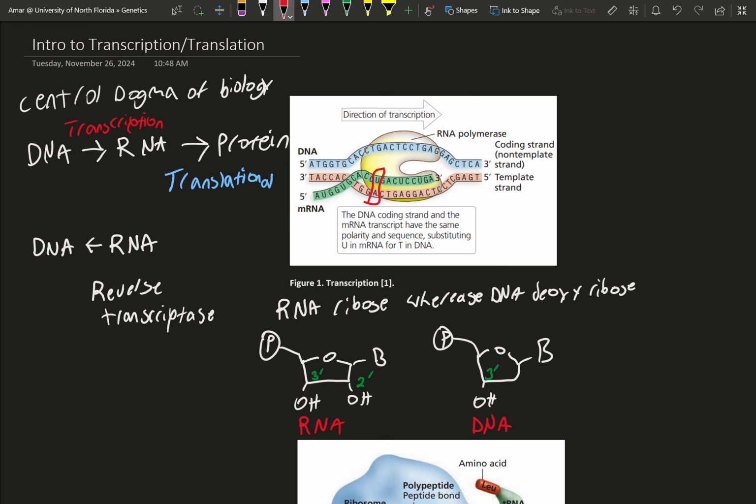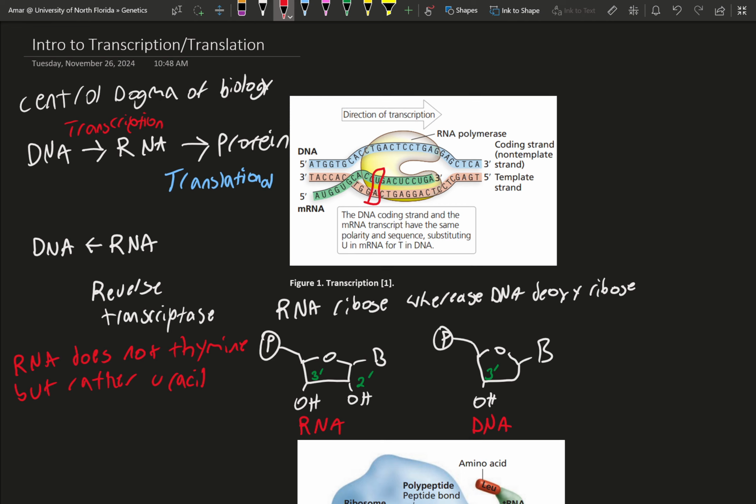Instead, RNA uses uracil to complementarily bind to adenines. RNA does not use thymine, but rather uracil. So those are the primary differences between the two.